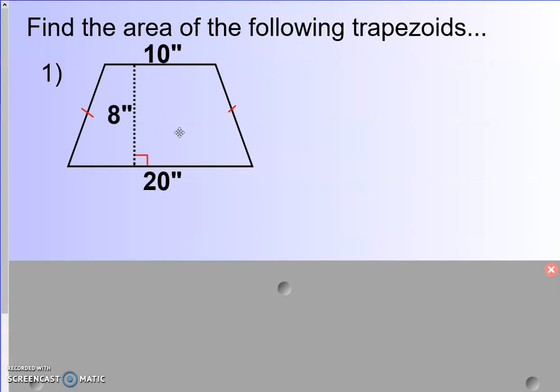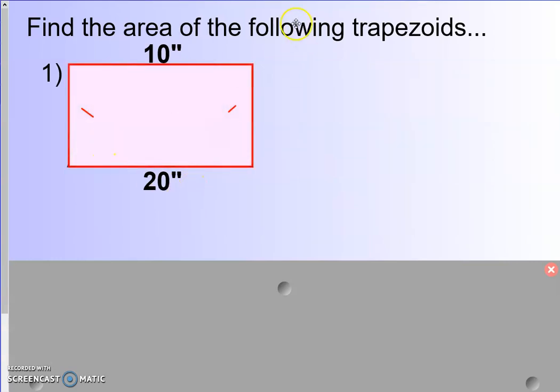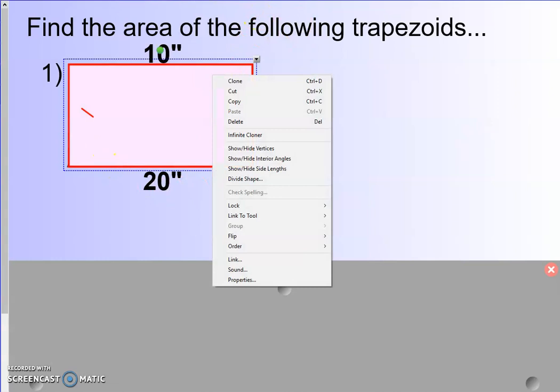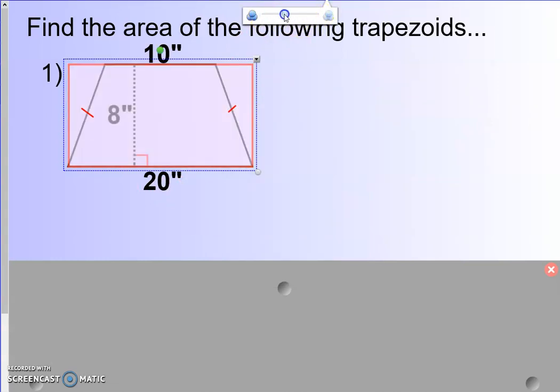Welcome back. Well, I imagine one thing that you could try is to frame that trapezoid in using a rectangle. And so you see I can build this rectangle that frames in the trapezoid.